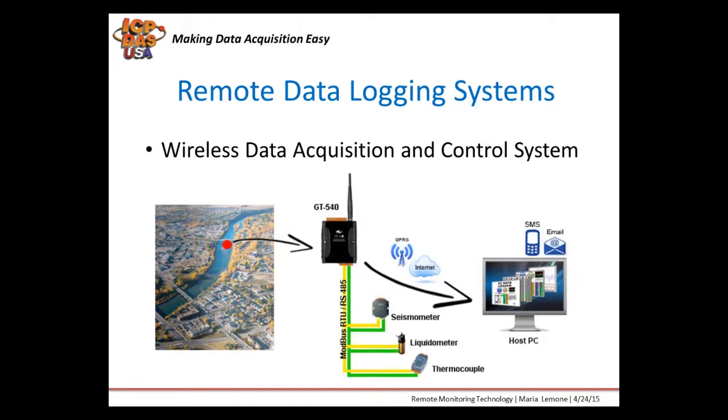In this way, the data taken by the seismometer, liquidometer, or thermocouple sensors at the remote site can be accessed anytime in the control center. The cellular network is good for outdoor applications where you have access to cellular. For underground applications within steel buildings, Zigbee or RF wireless communications is more ideal.